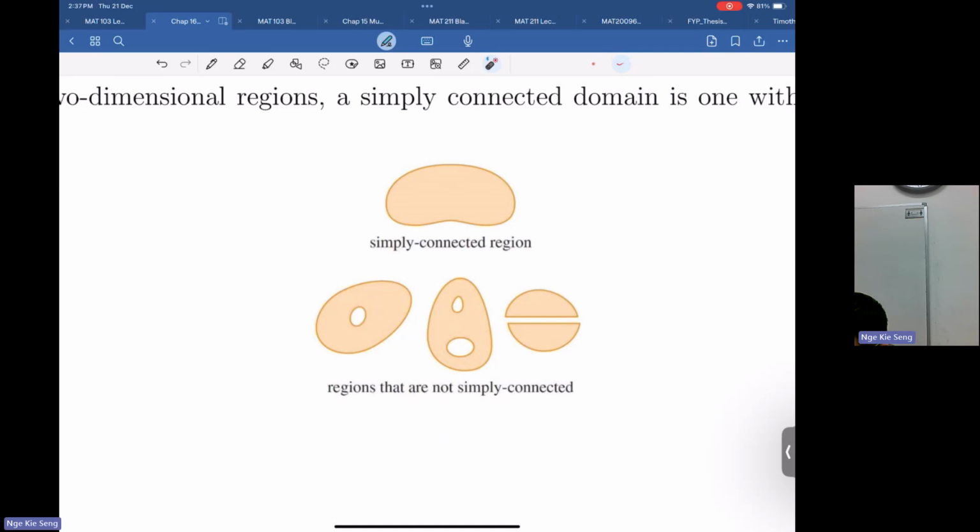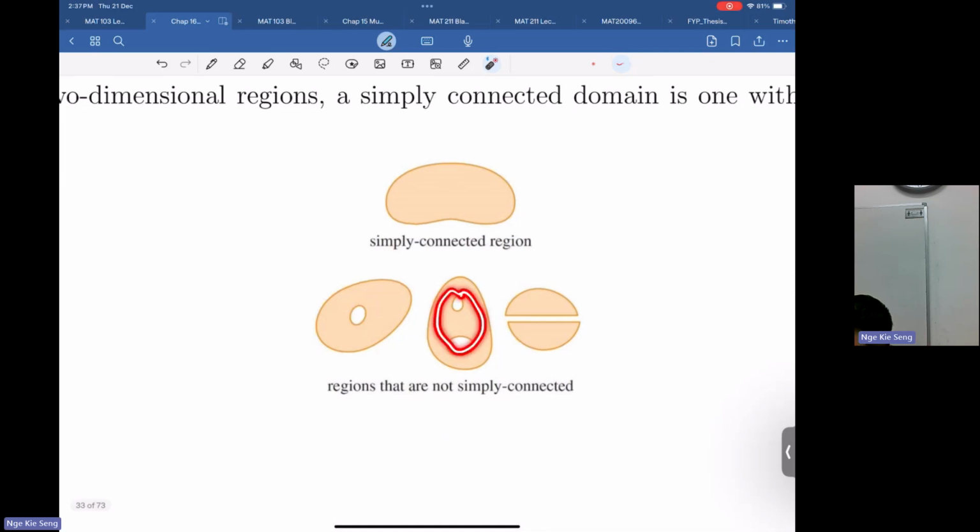Okay, how about the second one? There are more curves that you cannot shrink. So you cannot shrink this curve down to a point. You cannot shrink the other curve enclosing the other hole. And you cannot shrink the other curve enclosing these two holes here. Okay, the smallest you can go is like this.